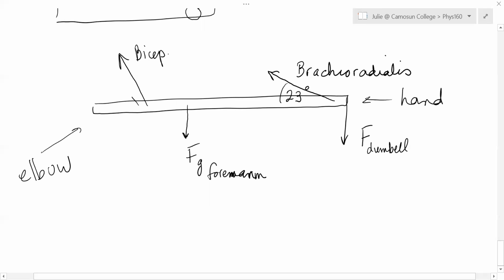So we've got that bicep muscle pulling. This is what holds your forearm horizontally. And then we also have the brachialis here, and these angles are different. This would be quite a big angle, like 80 degrees, and this would be a smaller angle here, maybe 70 degrees. And this one would be your brachialis.